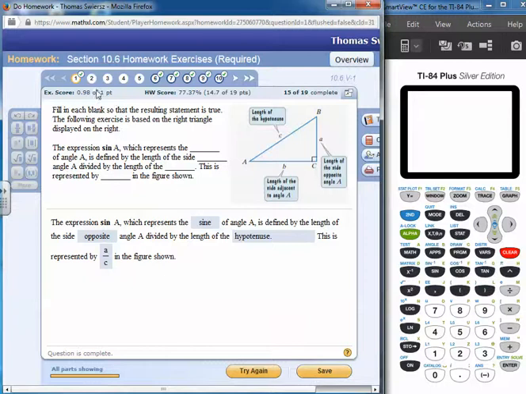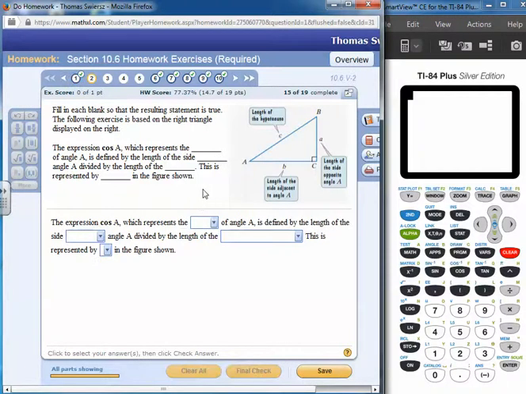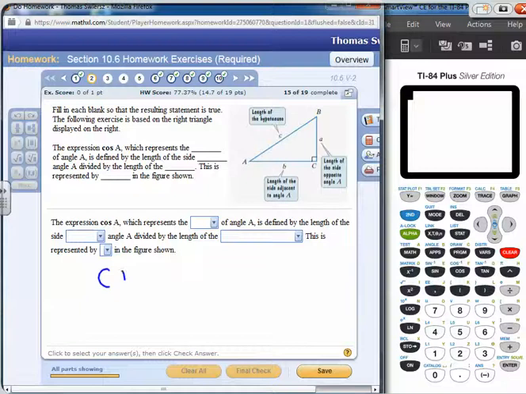Homework exercise number 2. Fill in the blank, the expression cosine A, which represents cosine. Remember, SOH CAH TOA, cosine is adjacent over hypotenuse. Side adjacent over hypotenuse.